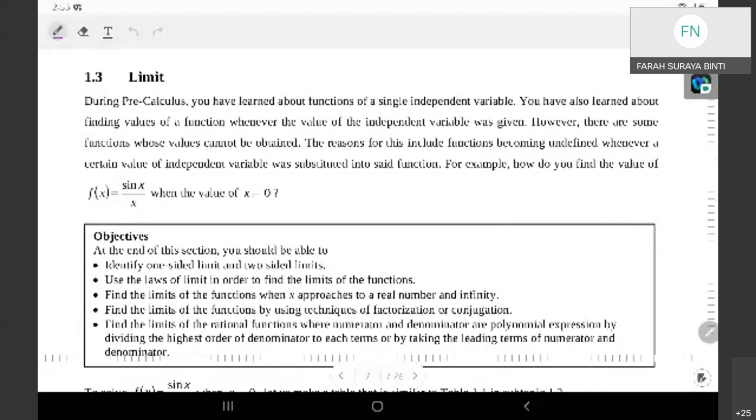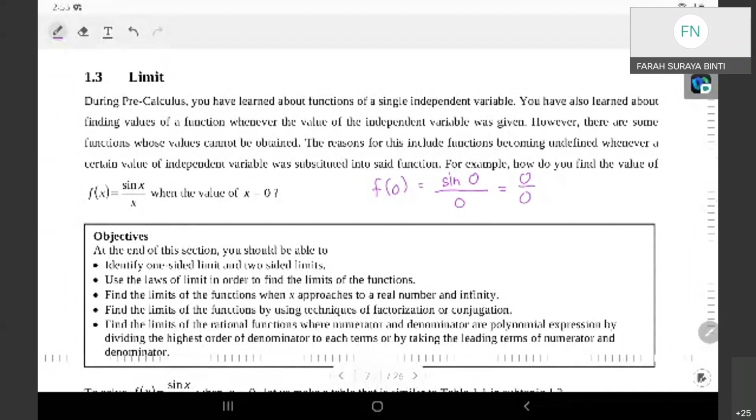Contohnya lah, dia tanya x equal to 0, so function tu akan jadi f0 sin 0 divided by 0. Okay, sin 0 kalau kan kalkulator awak akan dapat 0. Okay, sin 0 akan dapat 0. So 0 divided by 0, kalau tekan kalkulator dia akan jadi keluar apa?